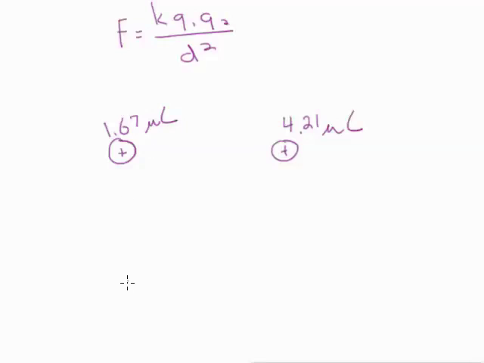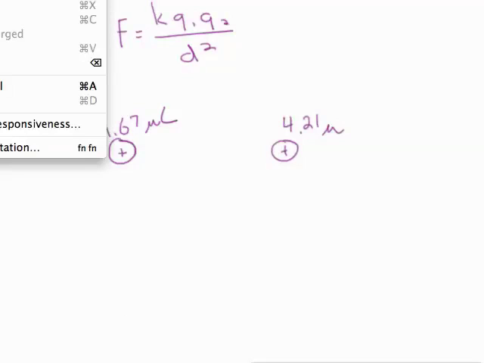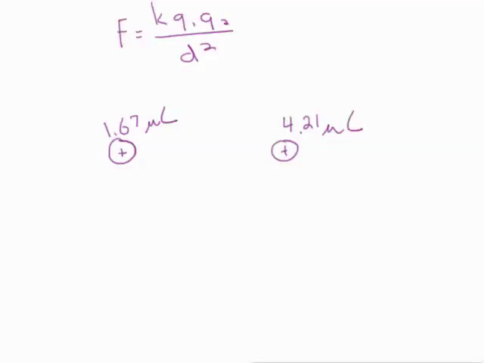If I had another charge down here that was negative, and we know because these are both positive, the force on each of them would be away from each other.